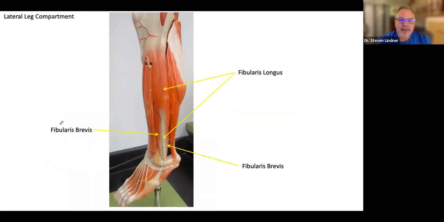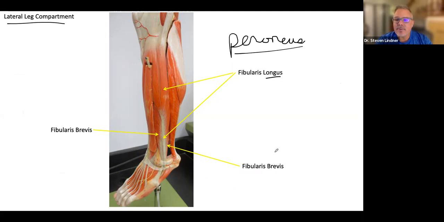Now let's take the leg, and we're going to look at it from the lateral perspective, or the lateral compartment. There are two primary muscles here. They're either called the fibularis muscles, or they're called peroneus muscles. I learned them as peroneus. So depending on the book, it's peroneus longus and peroneus brevis, or fibularis longus and fibularis brevis.